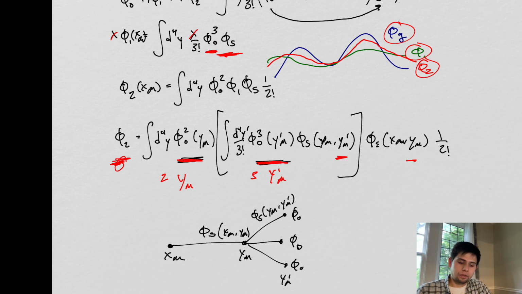Okay. So in the next video, we're going to be talking about Yukawa interactions. Yukawa interactions are interesting because they're going to help us understand how scalar fields and Dirac fields interact with one another.